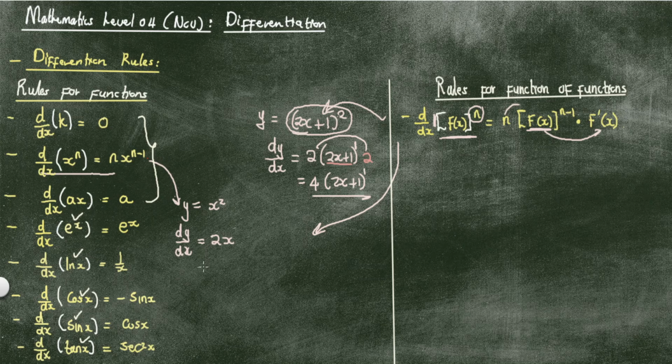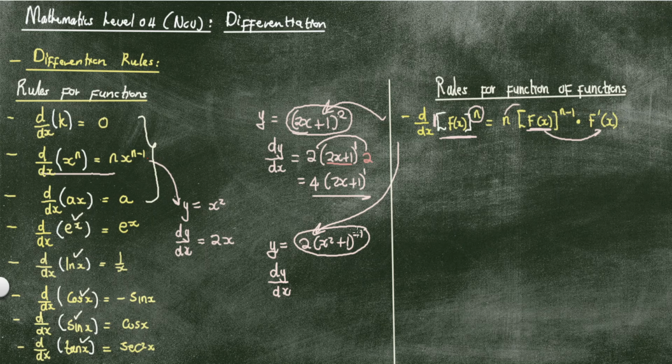Let's say we have y equal to 2 times x squared plus 1 raised to exponent minus 1. The derivative for this would look something like dy over dx. This is a function as a whole.